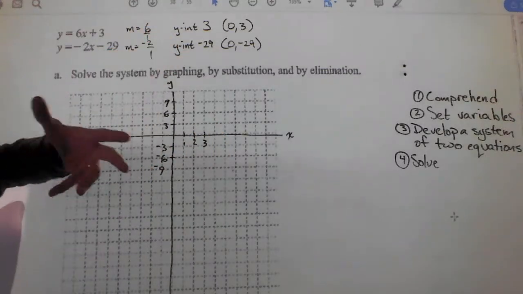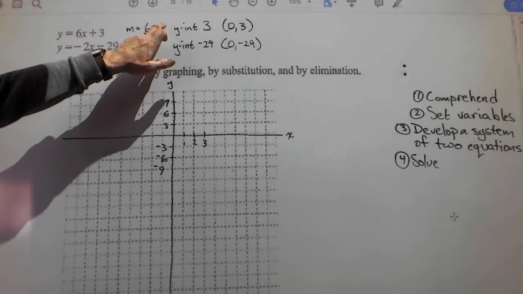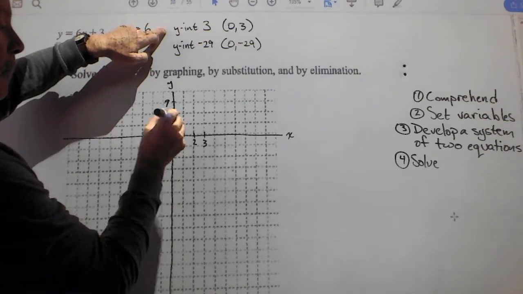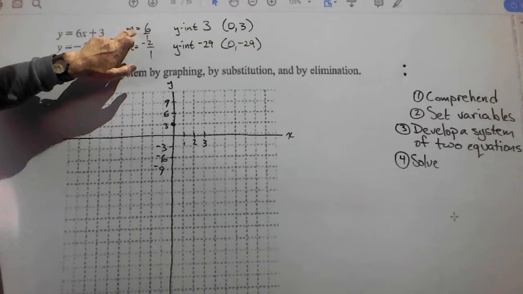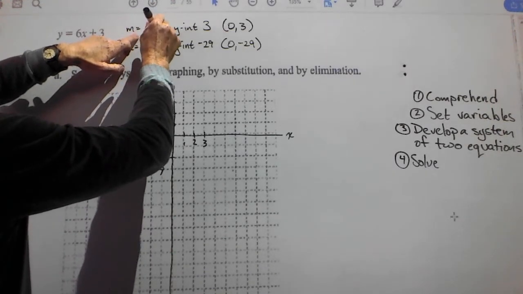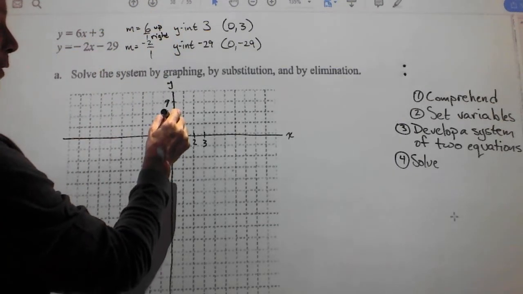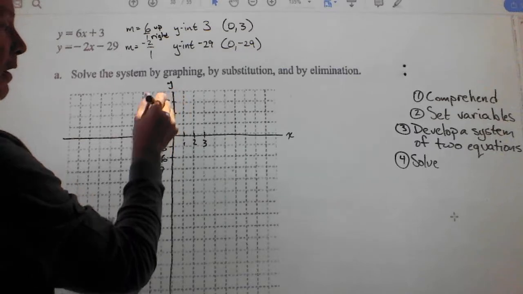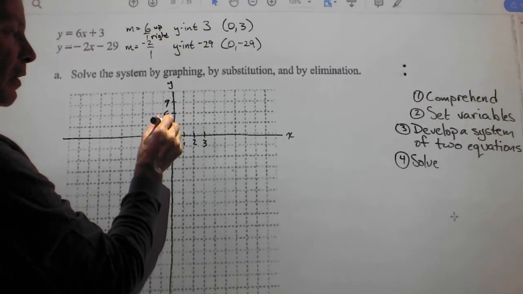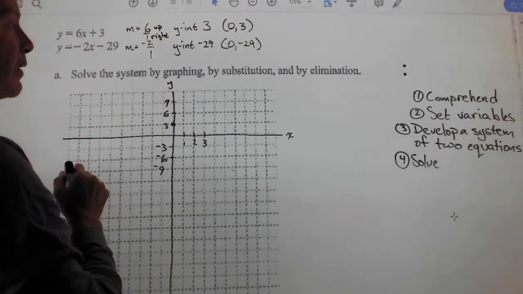And then you simply plot your points. So for my first one, my y-intercept is at 3, or 0 and 3. So there's my y-intercept. My slope tells me to go up 6 and right 1. So I'm going to go up 6, so from 3 to 6 to 9. Okay, remember you're not counting 6 squares, you're counting from the number, which is 3, and you're going up 6, which brings you to 9.